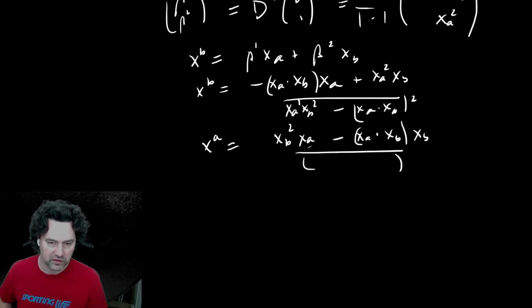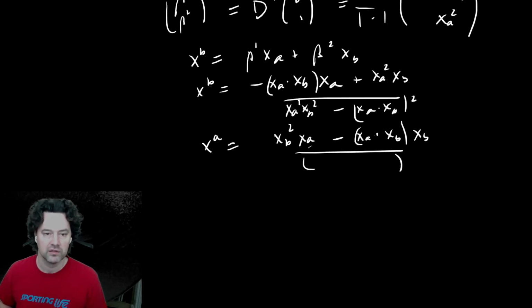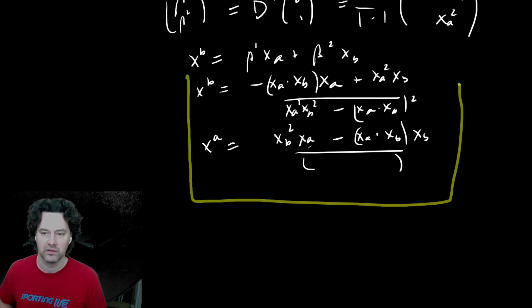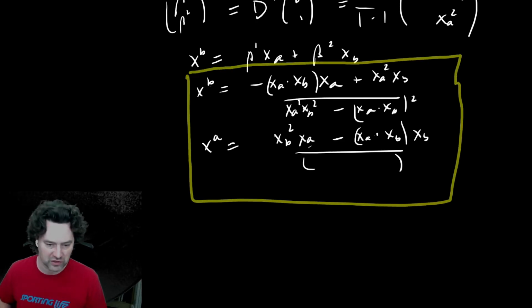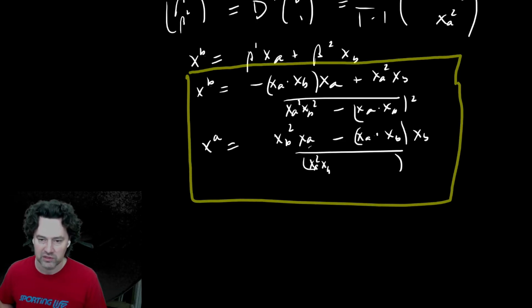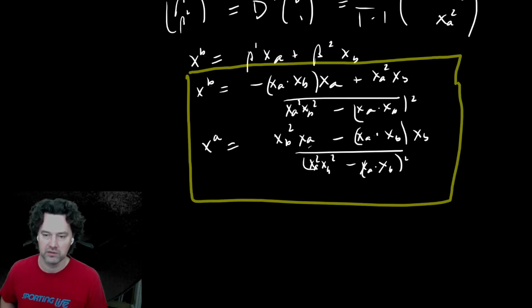Okay, so here's our reciprocal frame vectors for a 2D parameterization, and so xa squared xb squared minus xa dot xb all squared. Okay.